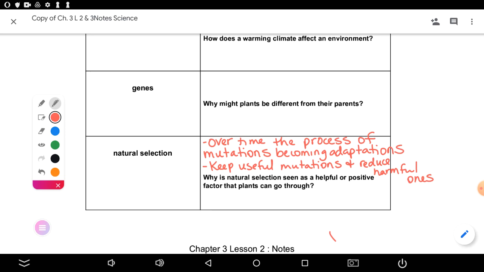Because natural selection is finding mutations and either keeping them as adaptations or getting rid of them. Fisher. It allows the organisms to survive and reproduce. They allow organisms to survive and reproduce.